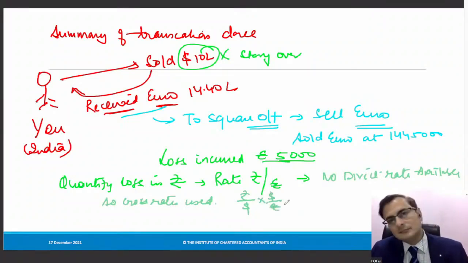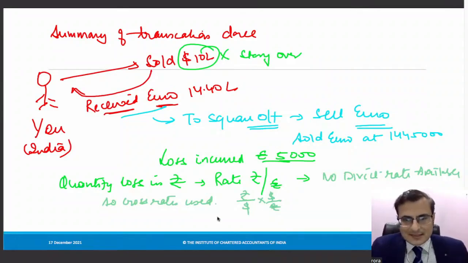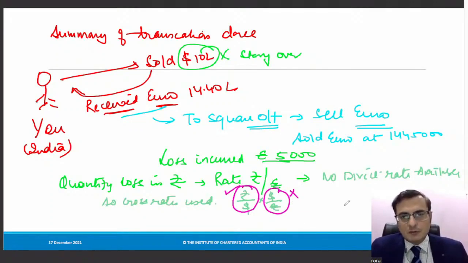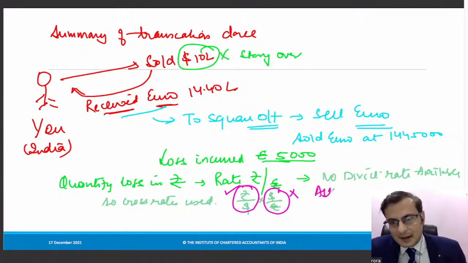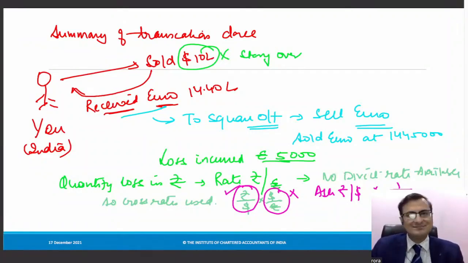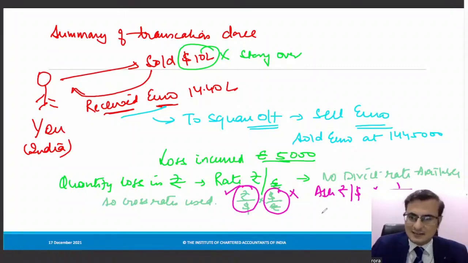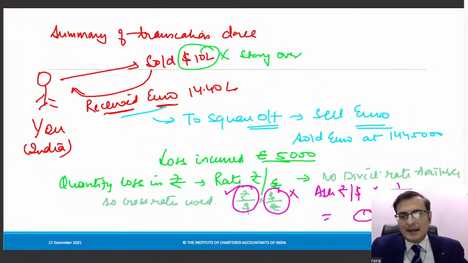This rate is given to us. This we don't have. So what we did is ask rupee by dollar into 1 by bid, the reciprocal, dollar by euro. Done, and we calculate the rate and multiply by 5,000.